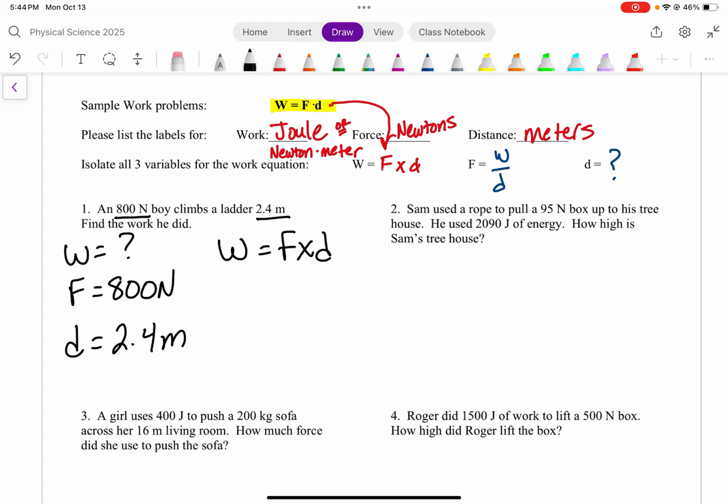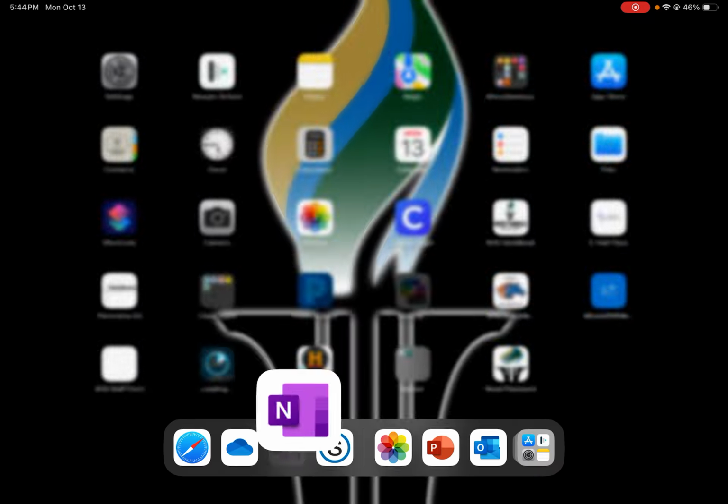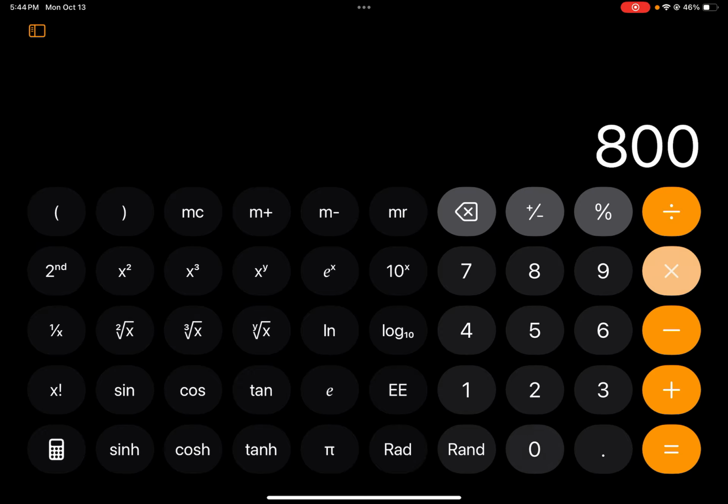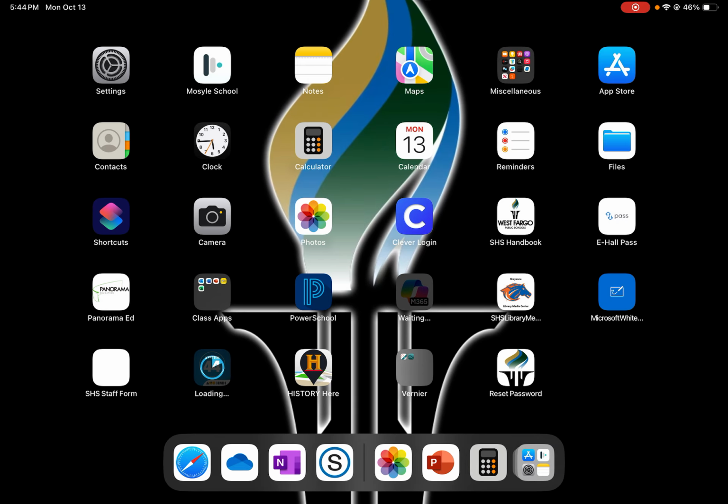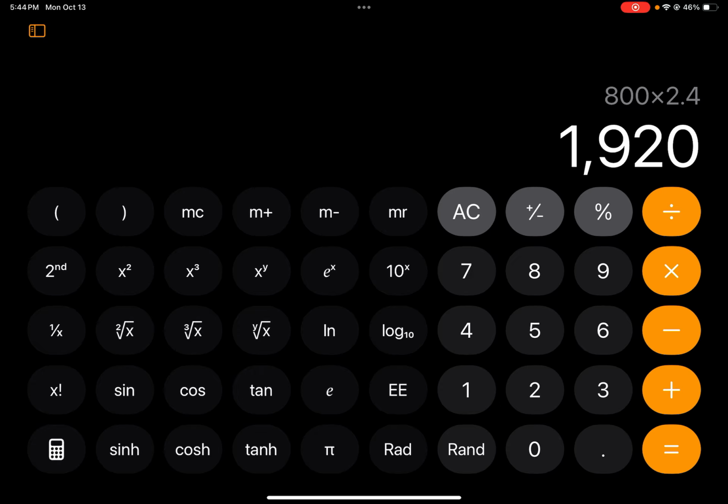We've seen that before. Well, maybe we'll do that one just so we can see the labeling. Fill in the numbers, 800 newtons times 2.4 meters. I go to my calculator. 1,920. Oh, I should keep that, just 1,920.